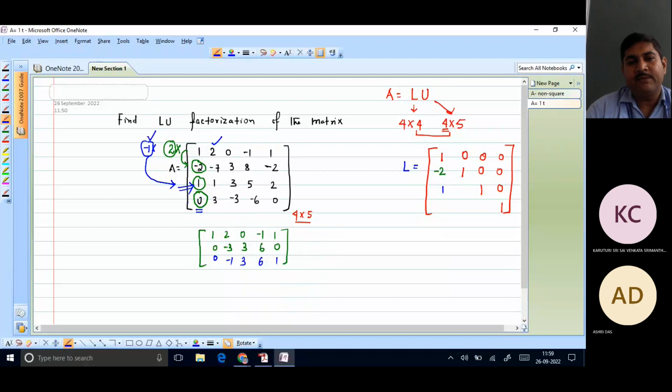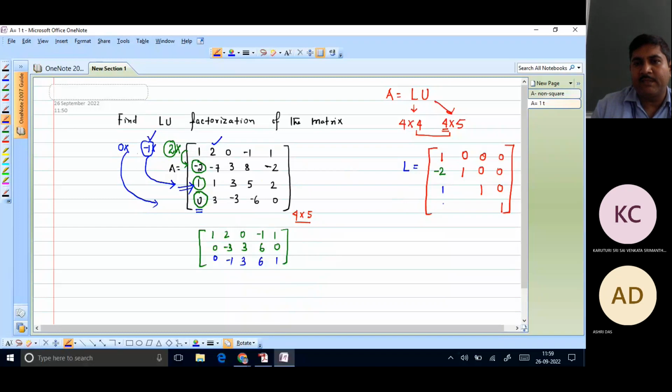And you can see in the last row, the first element is 0. So what will be our multiplier? No multiplier is needed at this end, because I want here 0, so I will put dummy 0. I will multiply 0 to first row and add it to fourth row.